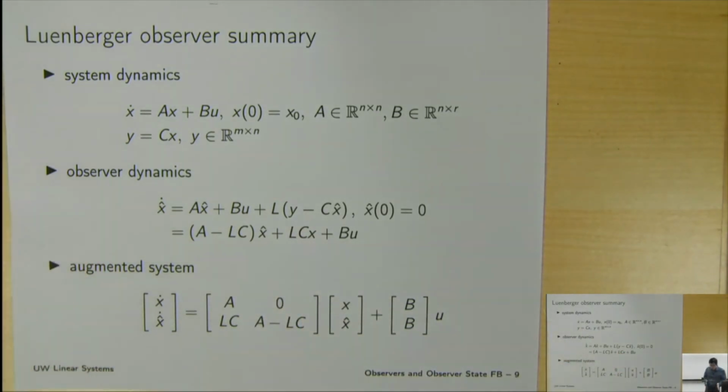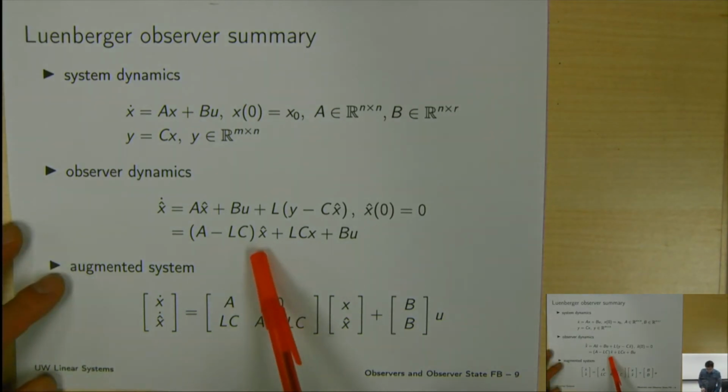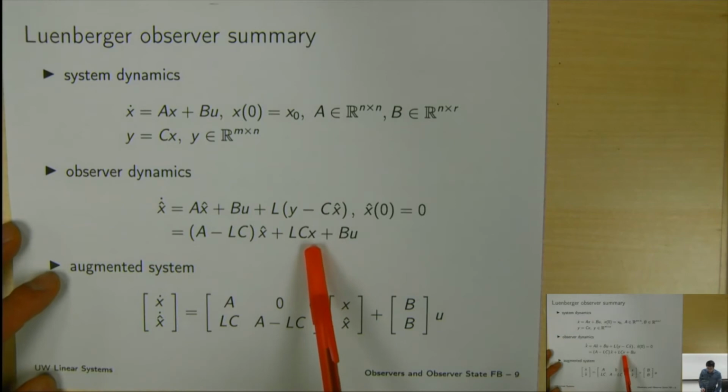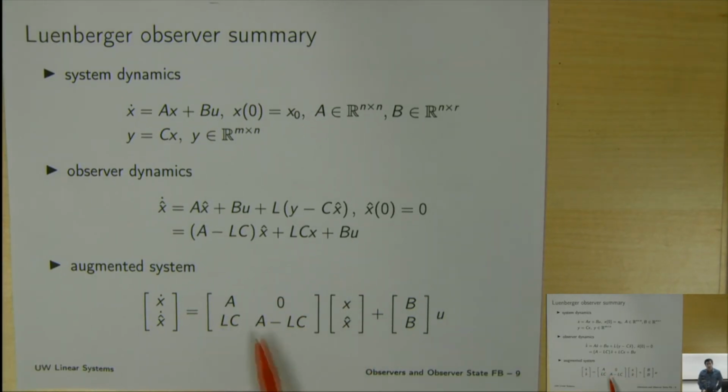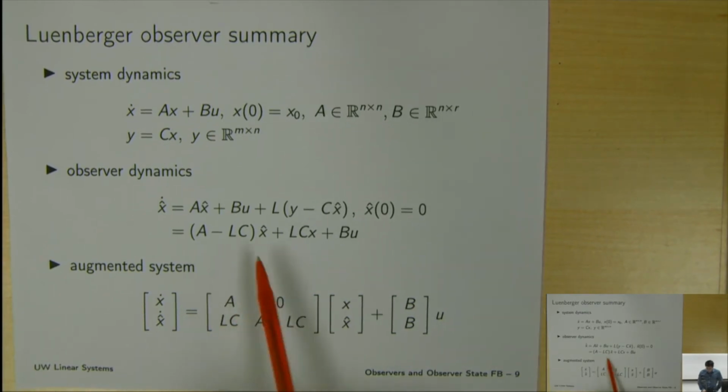So the observer depends on the observed state as well as the actual system state. So we can write it out as x hat dot equal to LC times x in matrix form plus A minus LC times x hat. So that is the augmented system, the overall system.